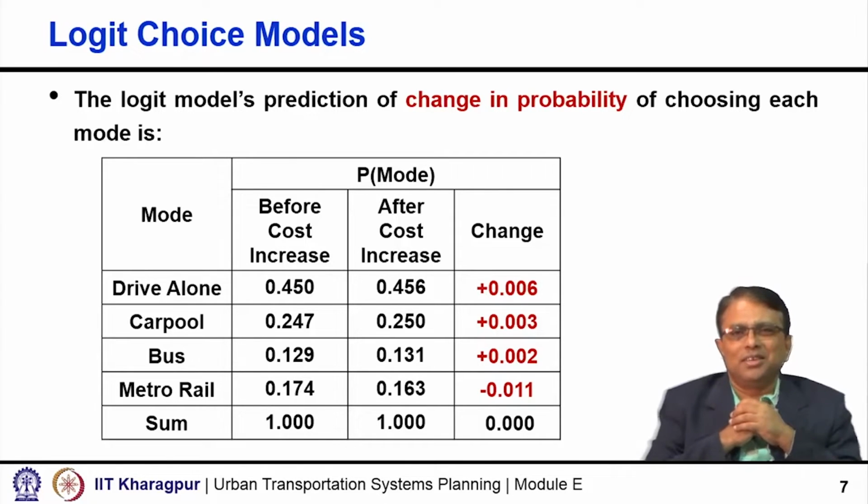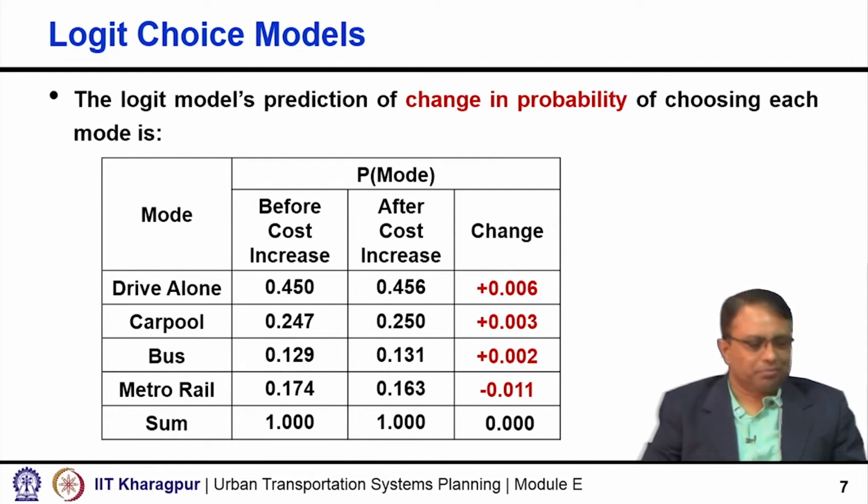Whereas, in a logical manner, I am sure all of you will agree that we expect people largely to go to bus system, because metro and bus are alternative public transport modes. So, if metro fare increases, people will go to bus. Why will the maximum number of people go to drive alone?